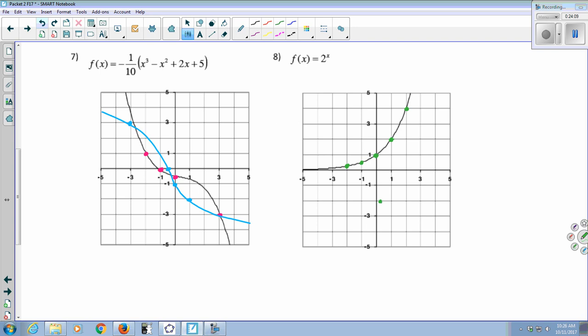And then -1, 1/2 becomes 1/2, -1. 0, 1 becomes 1, 0. 1, 2 becomes 2, 1. And 2, 4 becomes 4, 2. Connect those with a nice smooth curve.